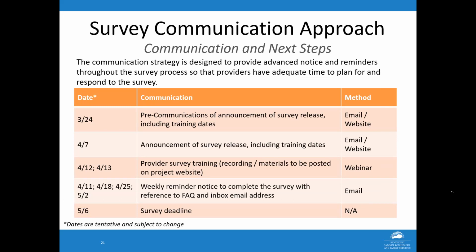I will also add, when the communication went out of survey release and training dates, there was a link, and Kelly, you may have to jump in here if I get this wrong. There was a link asking you all to quickly let us know who is the best individual within your agency to receive the survey.